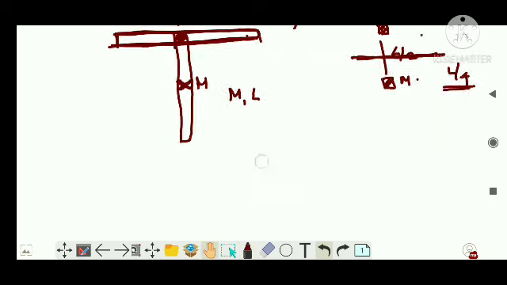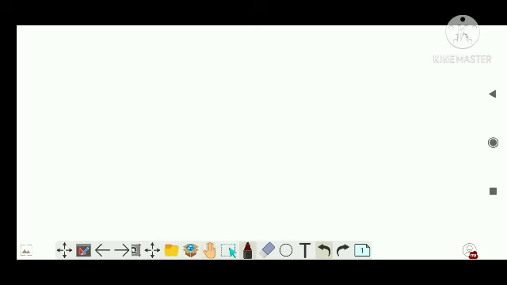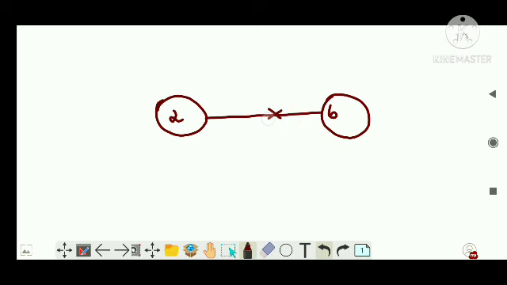Now another type of question which is usually asked is, suppose there is a 6 kilogram block, right? Okay, I'm drawing that. So this is 6 kilogram and this is 2 kilogram, right? And they already have a center of mass location we are not going to talk about, right?